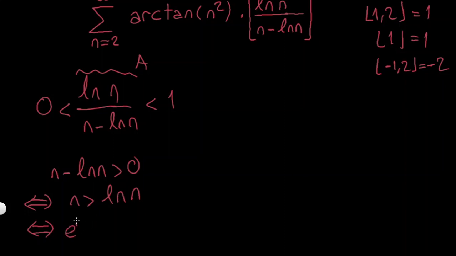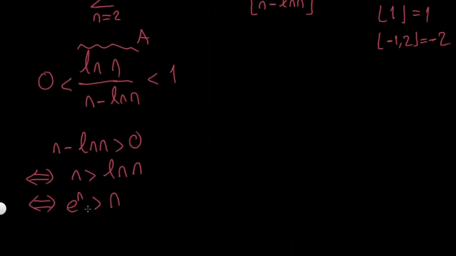So I have e to the n is bigger than e to the ln n, which is just n. And I know that e to the x is even bigger than 1 plus x for each x, and 1 plus x is of course bigger than x. So e to the n is bigger than n. This is always true. Since I have if and only ifs here, this is true, so this a is bigger than 0.